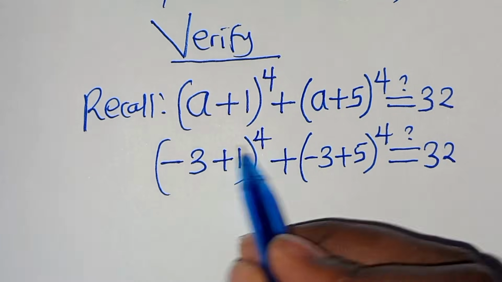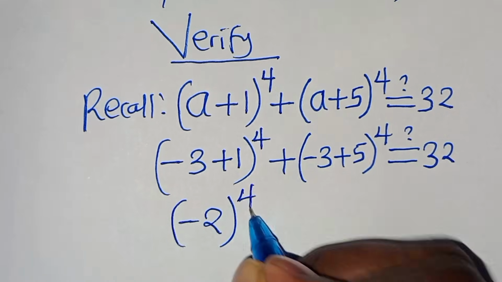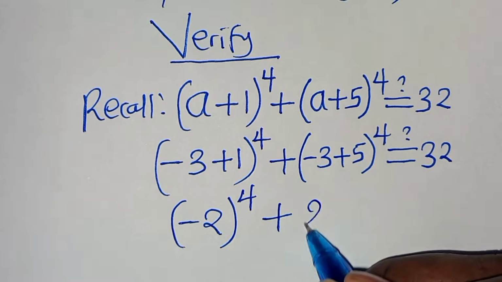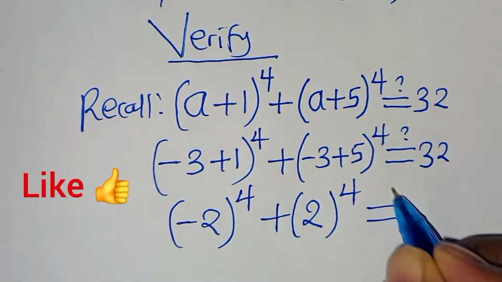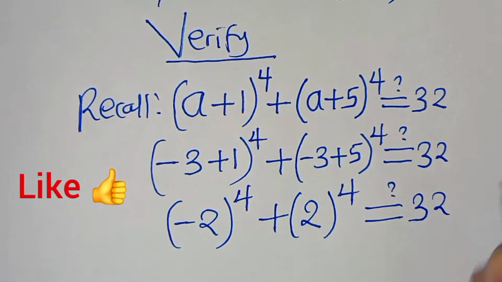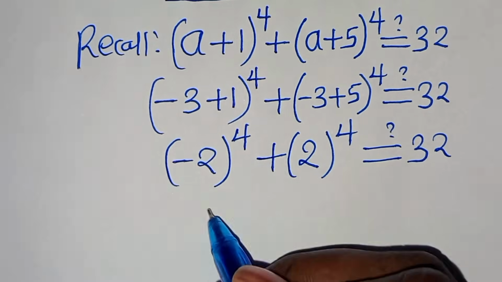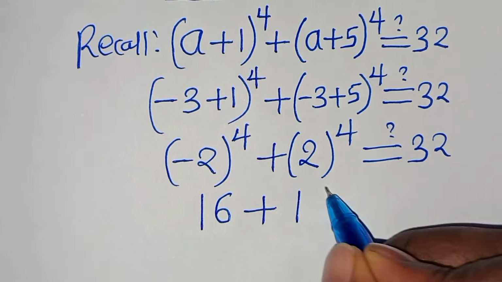So minus 3 plus 1, this is minus 2 raised to the power of 4, then plus minus 3 plus 5, this is 2 raised to the power of 4. This should give us a value of 32. So minus 2 to the power of 4 is equal to 16, then plus 2 to the power of 4, this is 16.